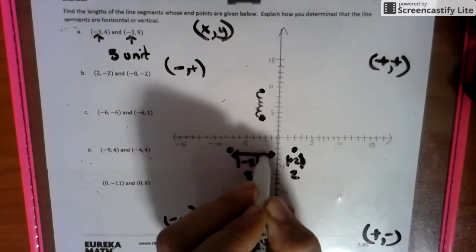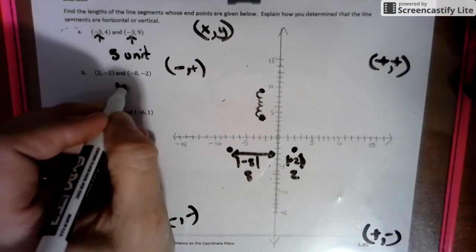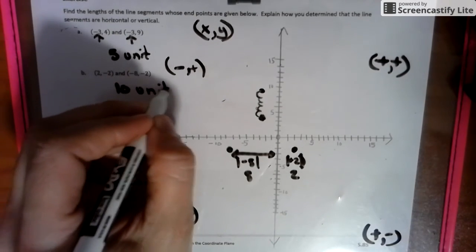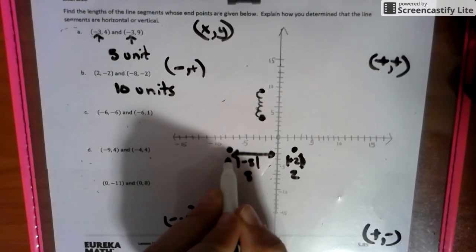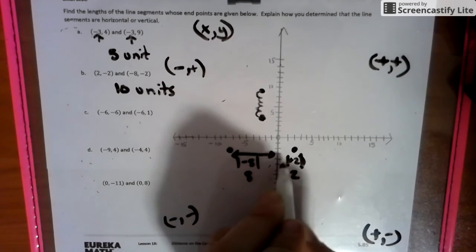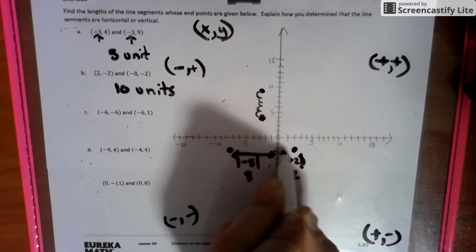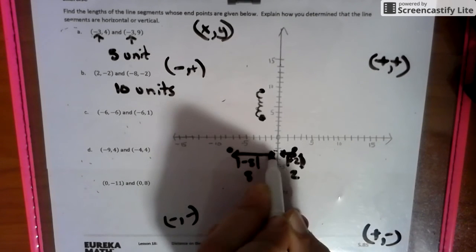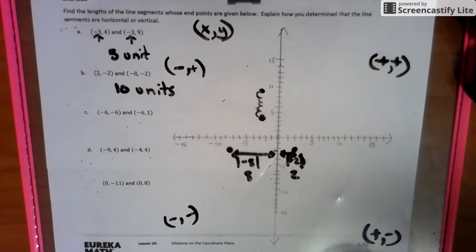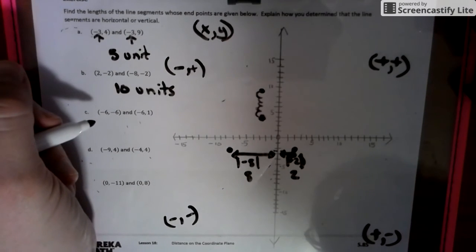So if we take 8 here and 2 here, we get a total of 10 units. The absolute value from this -8 to the 0 is 8 jumps, and from here to here it's 2 jumps. So 2 jumps from here to here and 8 jumps from here to here, together that makes 10 jumps.